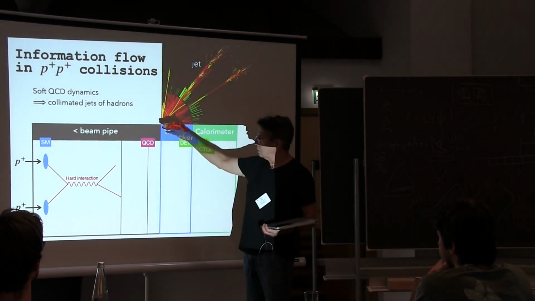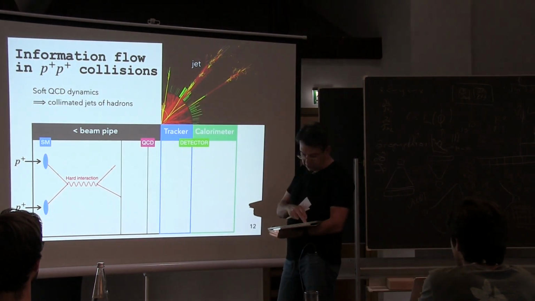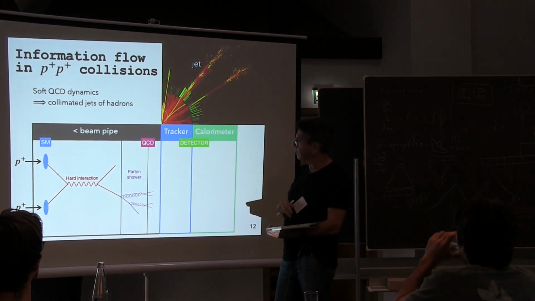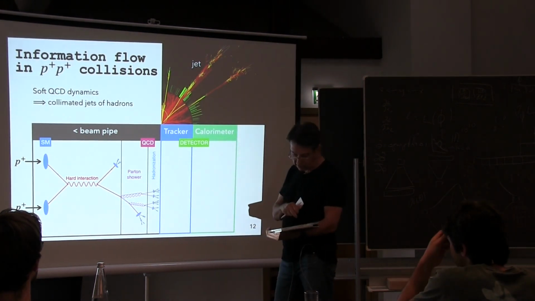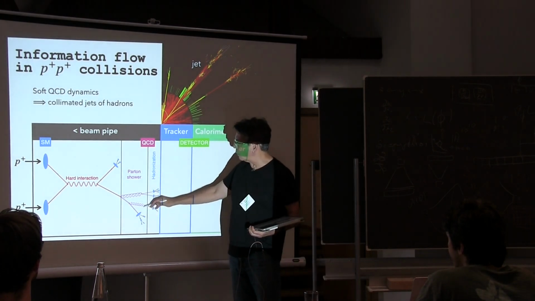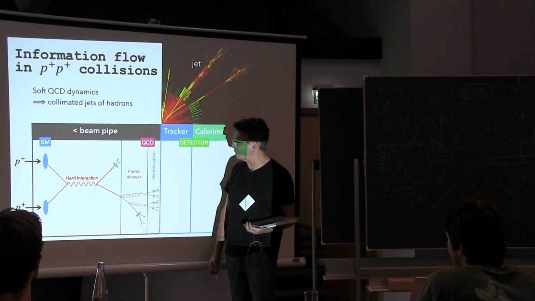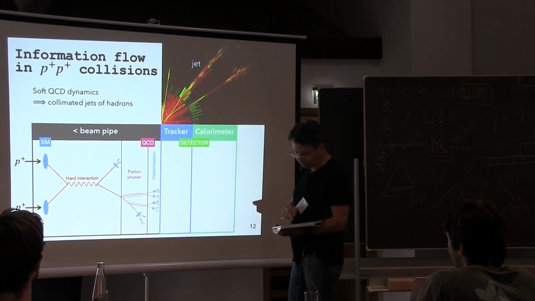So, this is a hard process, but this is not all that is going on here. We will start to have some parton showers there, if we have quarks, etc., and they will complicate our life. At the end of the showering, when we are exhausted out of the energy of the showering, we'll get the hadronization.